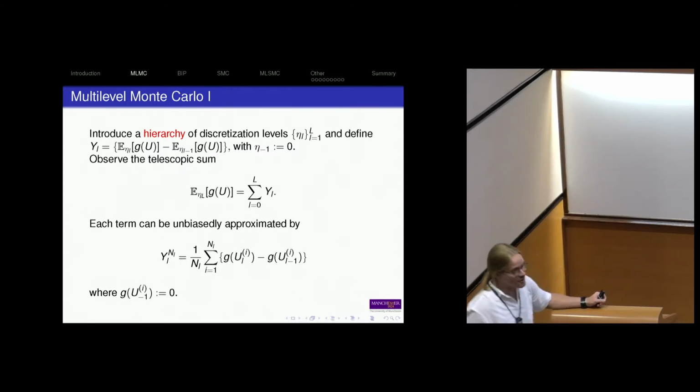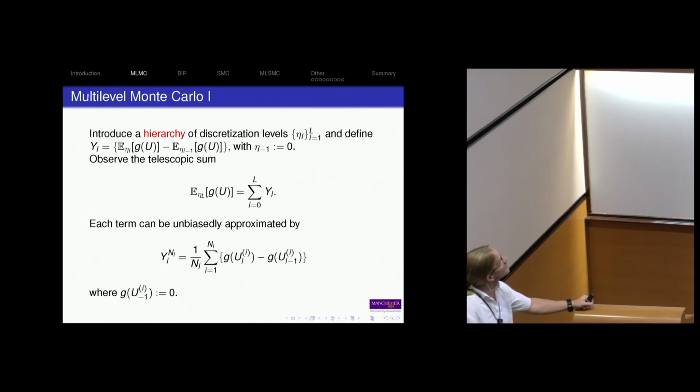So yes, there is. Bear with me. The description is 2 slides. So let's suppose we introduce a hierarchy of discretization levels, eta_l, from 1 to L capital, and we define Y_l to be this increment between successive levels. With the convention that eta_{-1} is identically 0, we can write the expectation with respect to eta_L in terms of this telescopic sum, right?